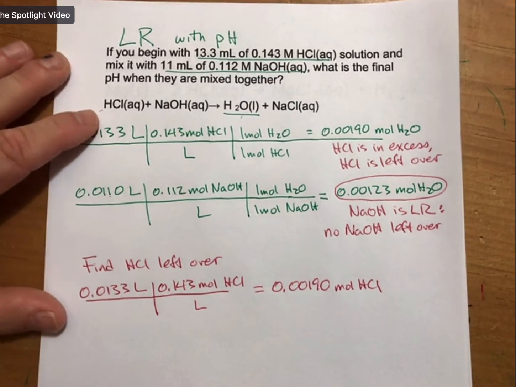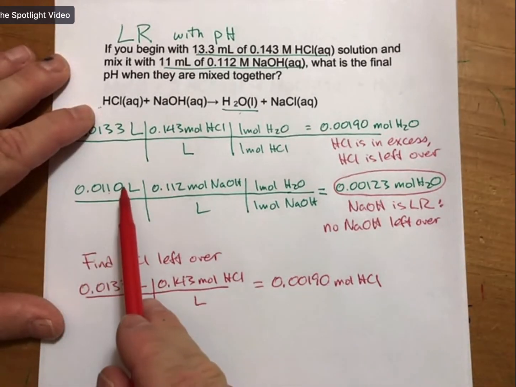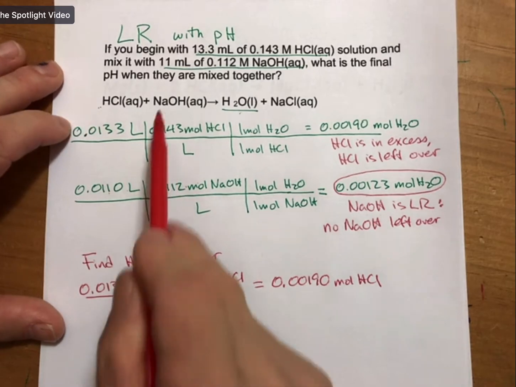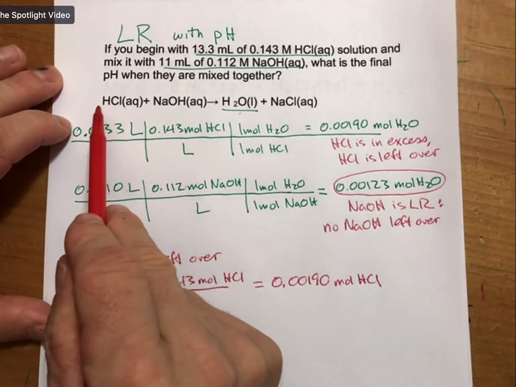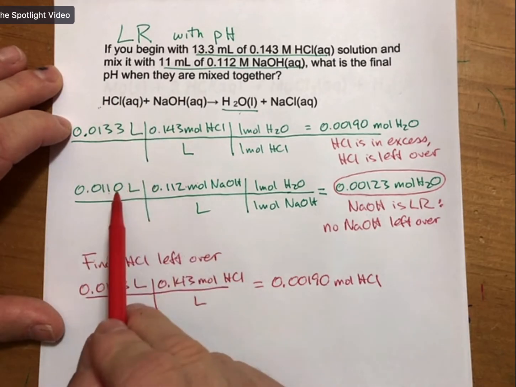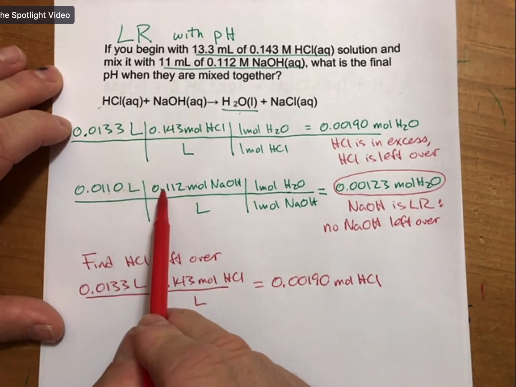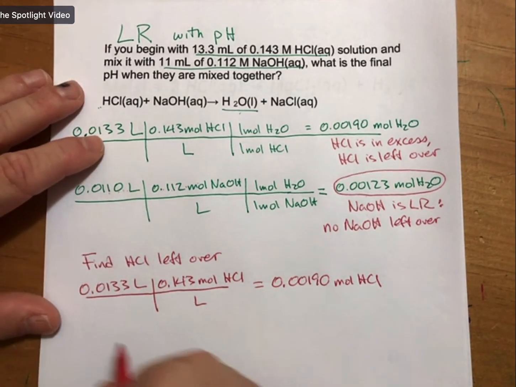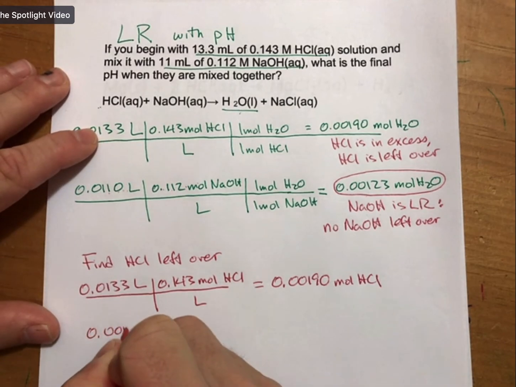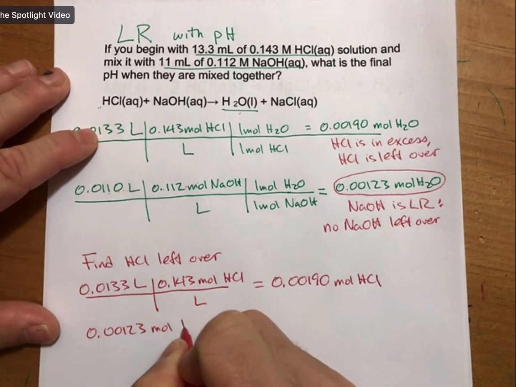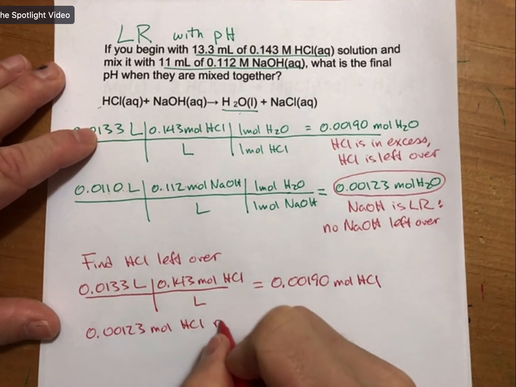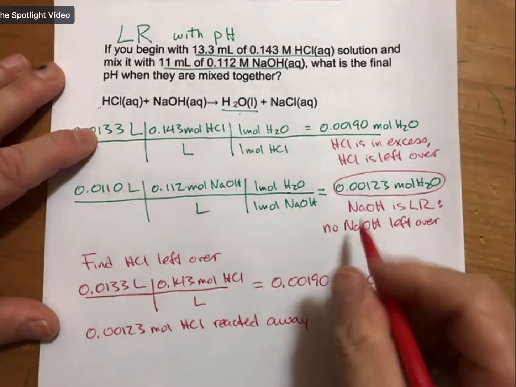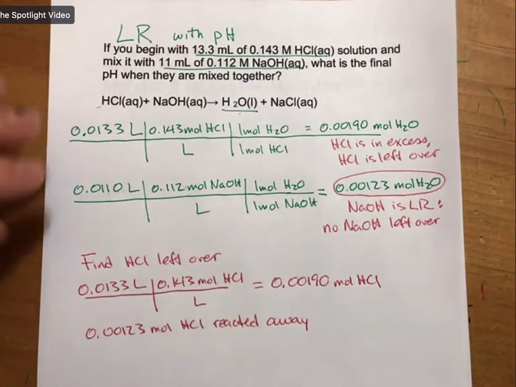Likewise, and here's where I'm going to take a little shortcut, because there's a 1-to-1 ratio between HCl and sodium hydroxide, the moles of sodium hydroxide that you have will be the same number of moles of HCl reacted away. So 0.00123 moles of HCl reacted away.